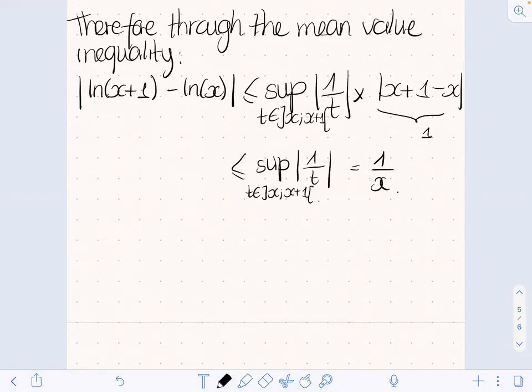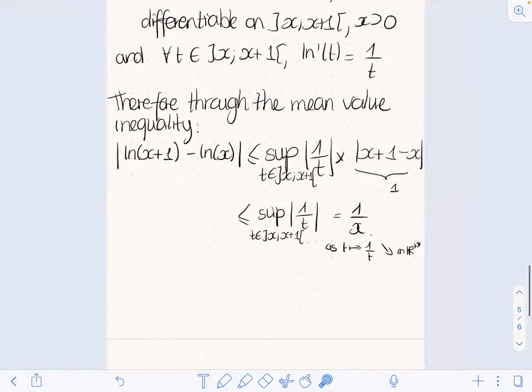So 1 over t, if you take it as a mapping from t to 1 over t, when you're on R plus star, it's decreasing. So the supremum of this object will be attained when t takes the smallest value, and so you'll take t equal to x.